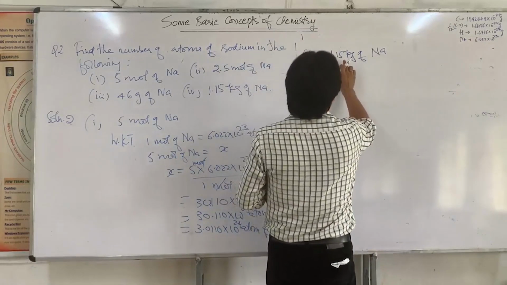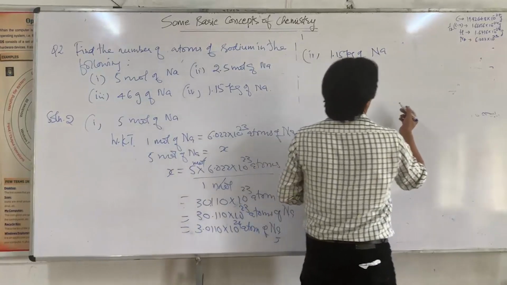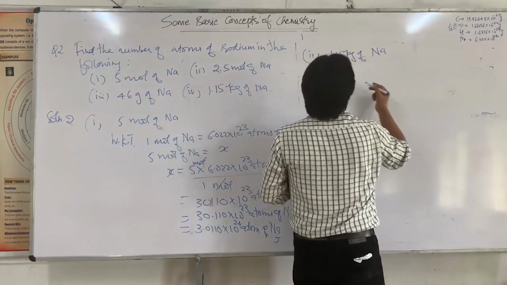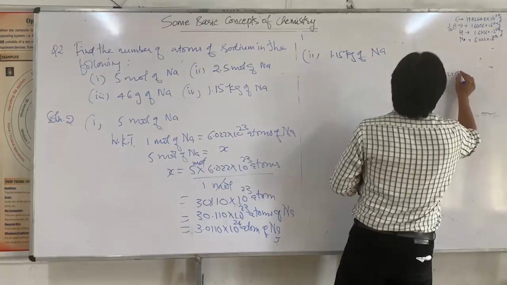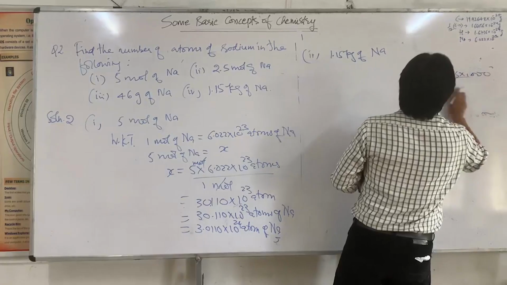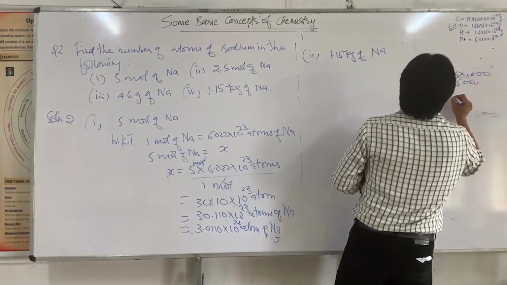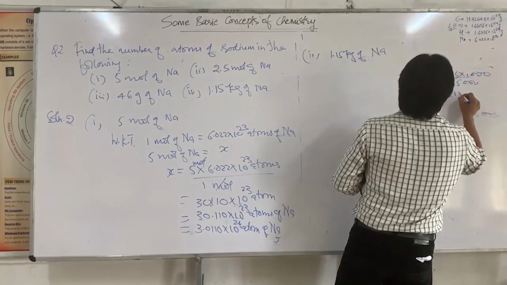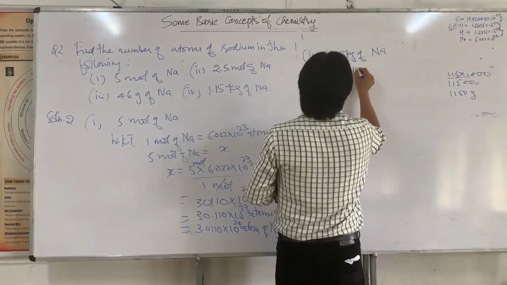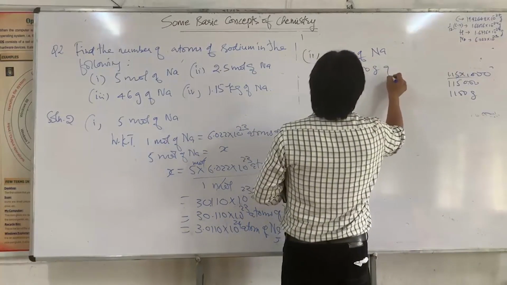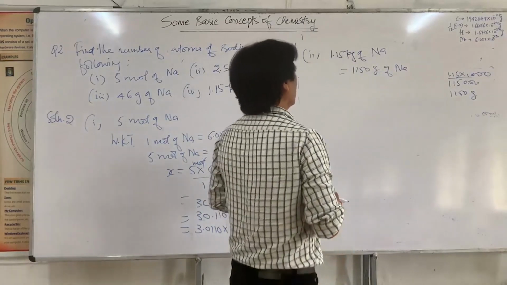So here what I need to do is first convert this into grams. For this you have to multiply by 1000. 1.15 into 1000 is 1150 grams. So this is the same as 1150 grams of sodium. This is equal to how many moles?